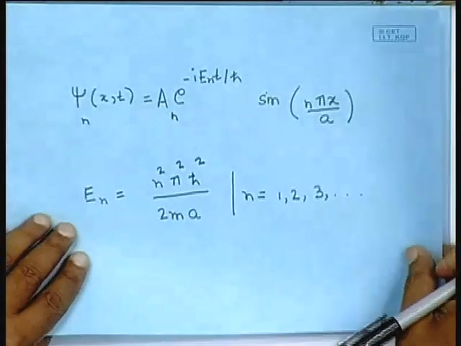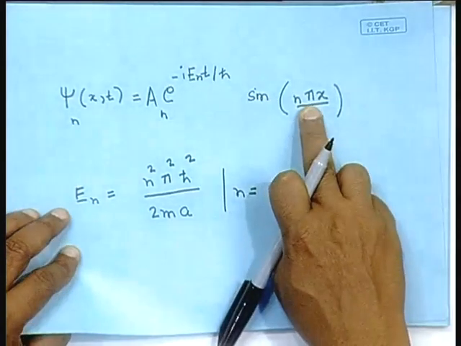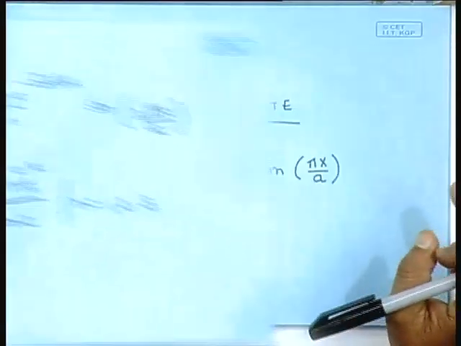Right, so we are looking at n equal to 1, so this becomes sine pi x by a.